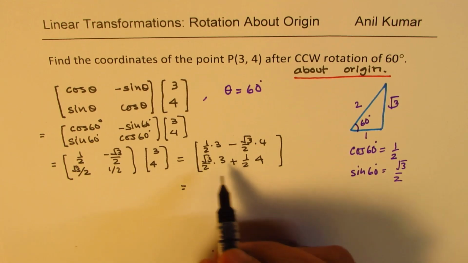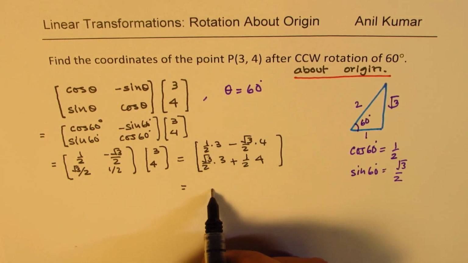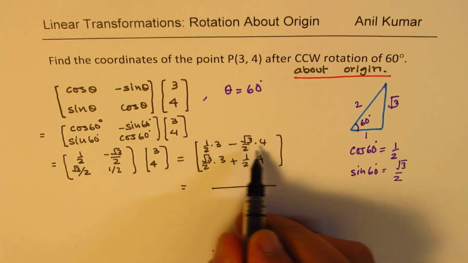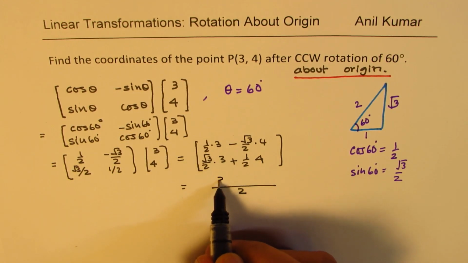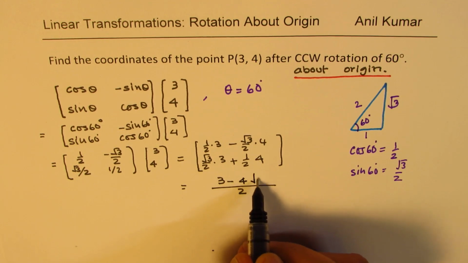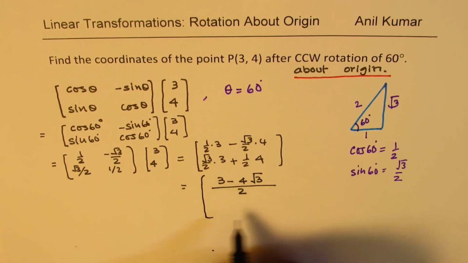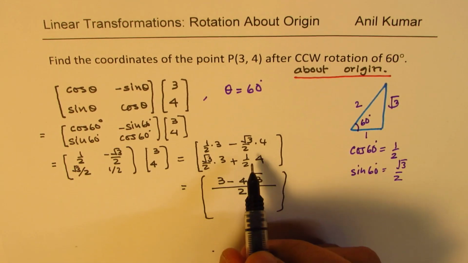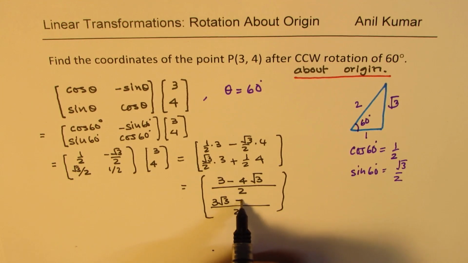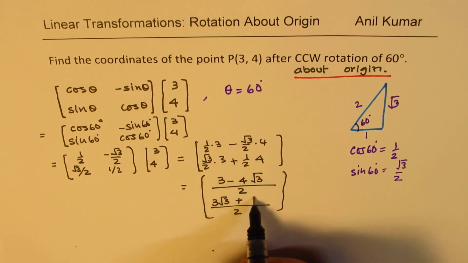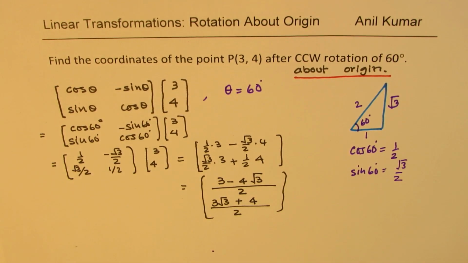So basically we can just do simple math here. I'm not cancelling anything; I'll just take 2 as a common denominator. So the x coordinate is 3 minus 4 square root of 3 over 2. The y coordinate is 3 square root 3 plus 4, with the common denominator 2.